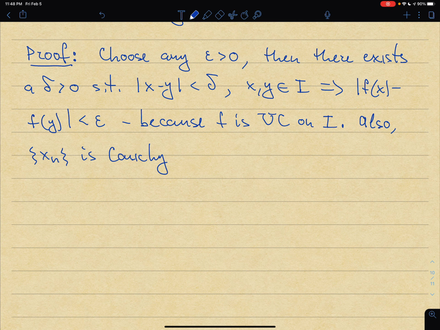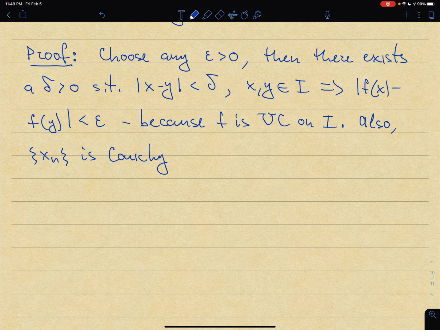And I already know that xn is Cauchy, so how can I make f of xn minus f of xm less than epsilon? I just need to make sure that xn minus xm is less than delta, right? And because xn is Cauchy, I should be able to do this.